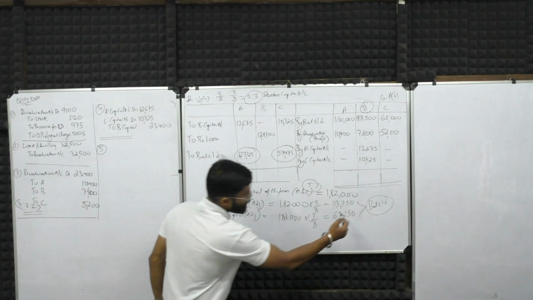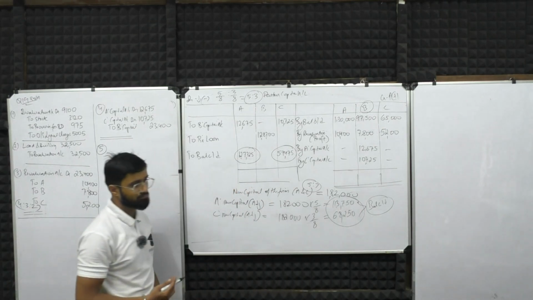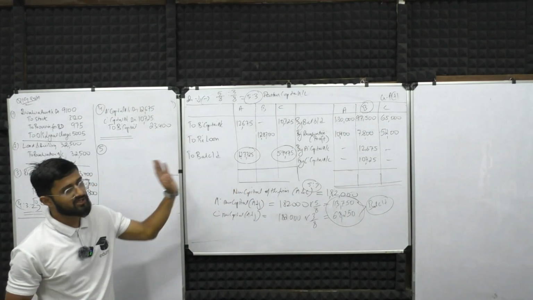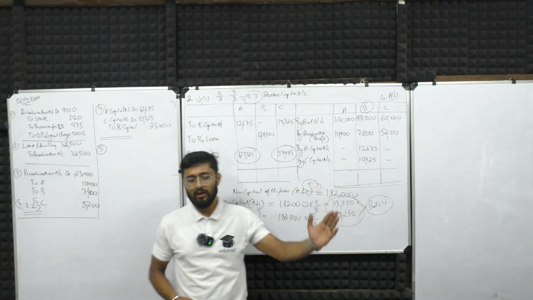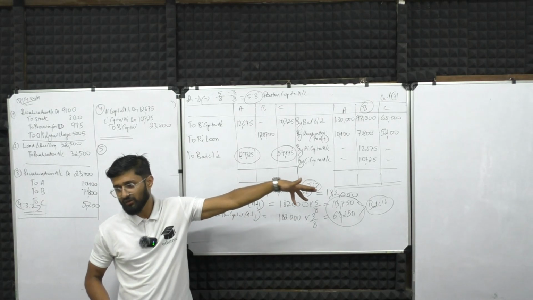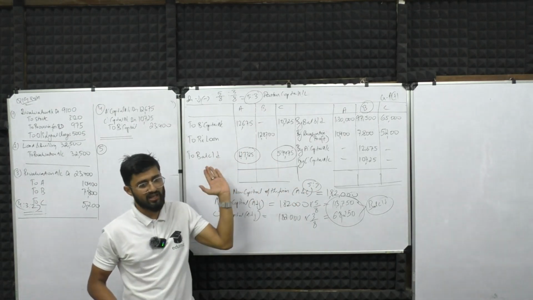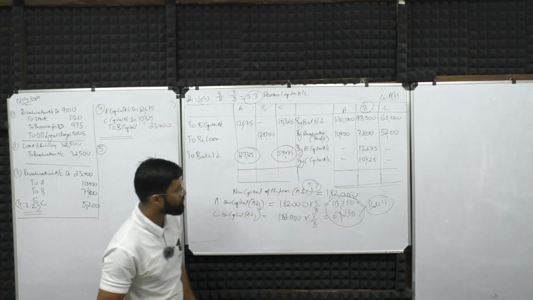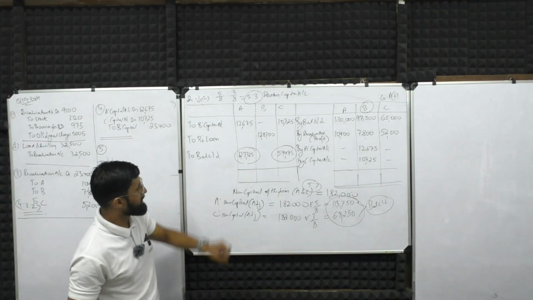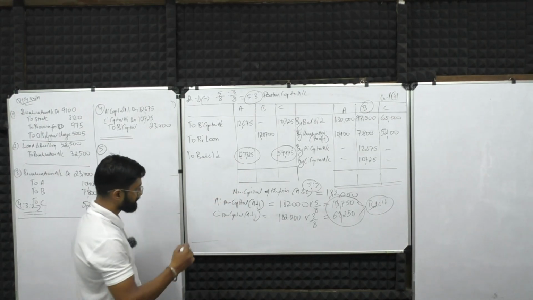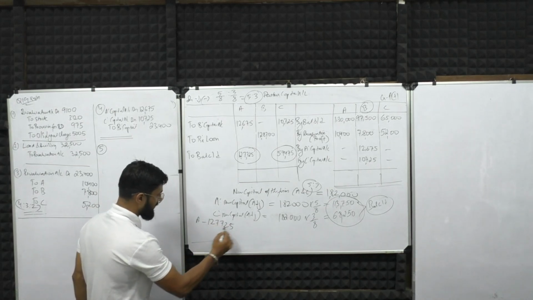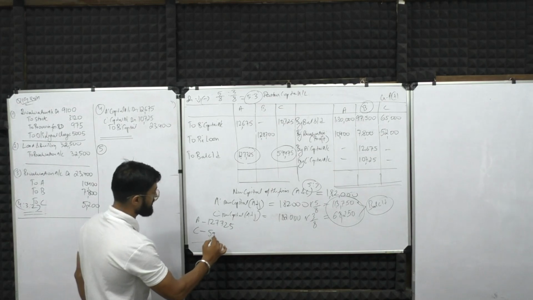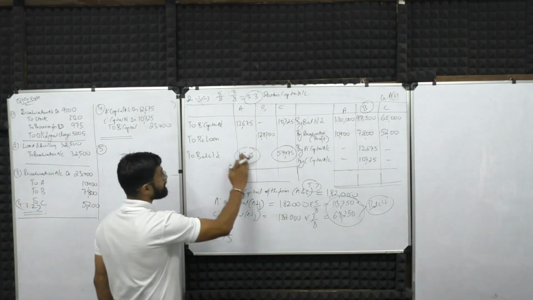This is their new balance. The balancing figure is cash. The actual balance is how much? The actual balance of A is 127725 and C is 59475.